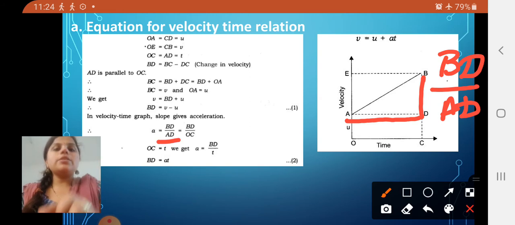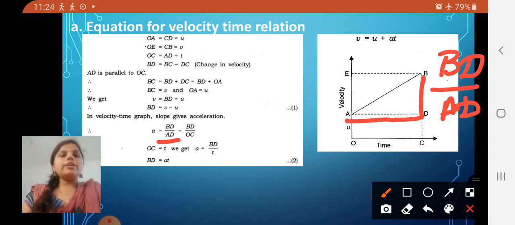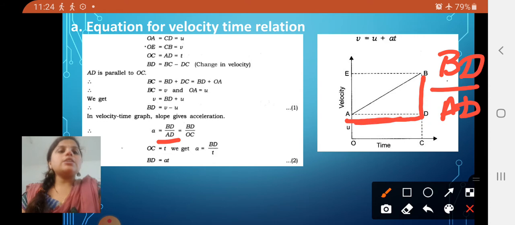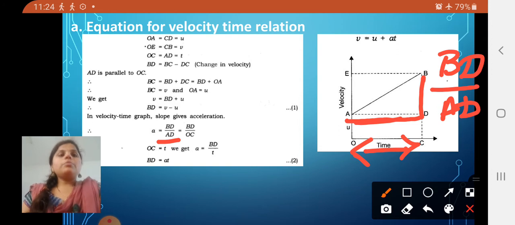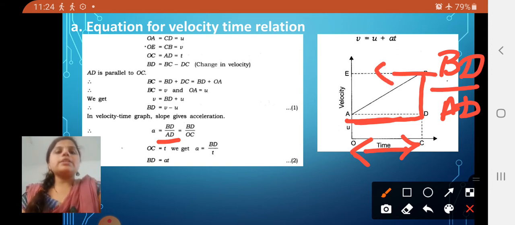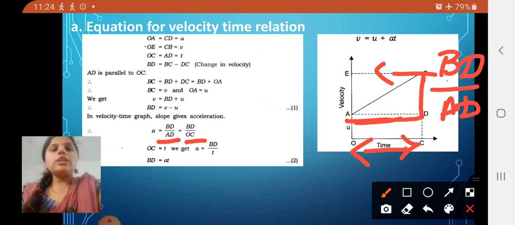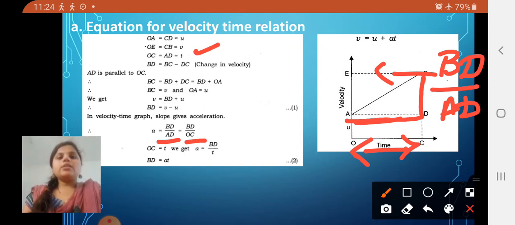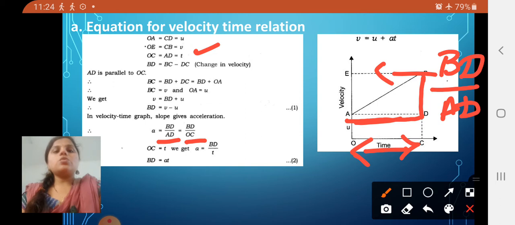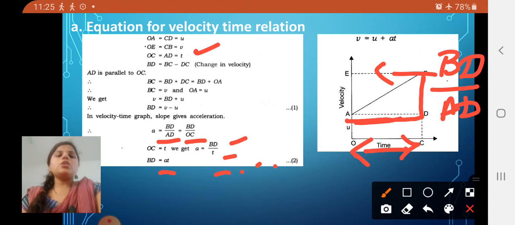Now tell me dear students, what is AD equal to? It is equal to OC. So the slope is BD divided by OC, and OC is T. So we get A is equal to BD divided by T. So BD is equal to AT, that is equation number 2.